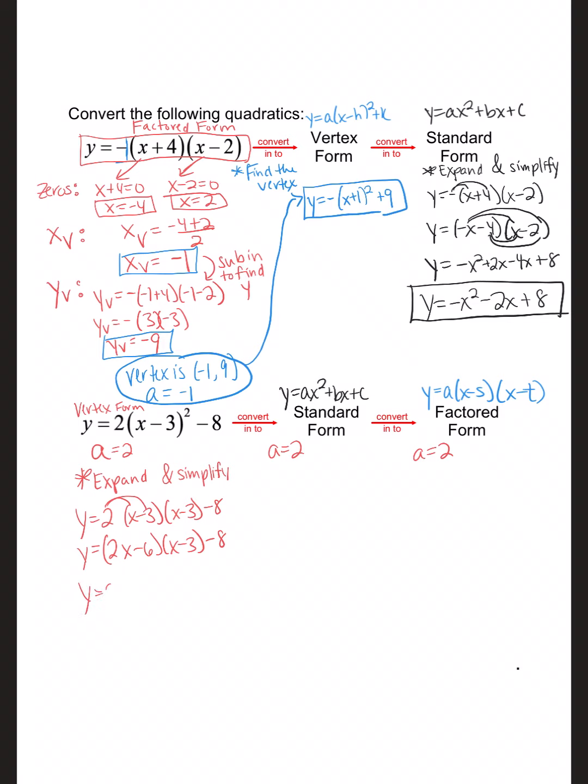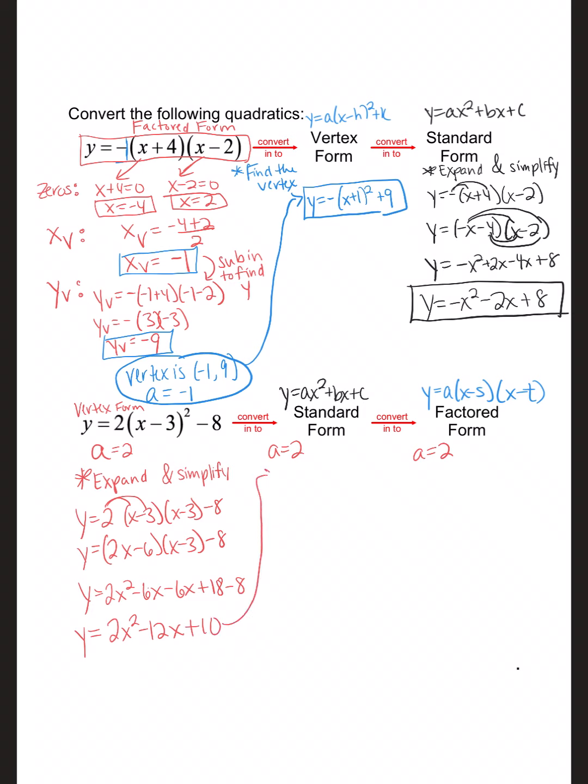So when I FOIL, I should get 2x squared minus 6x plus 18. And then we'll have that minus 8 there. This is an example we've already worked with in a previous note as well, if it looks familiar. So when we simplify, we should get 2x squared minus 12x plus 10.